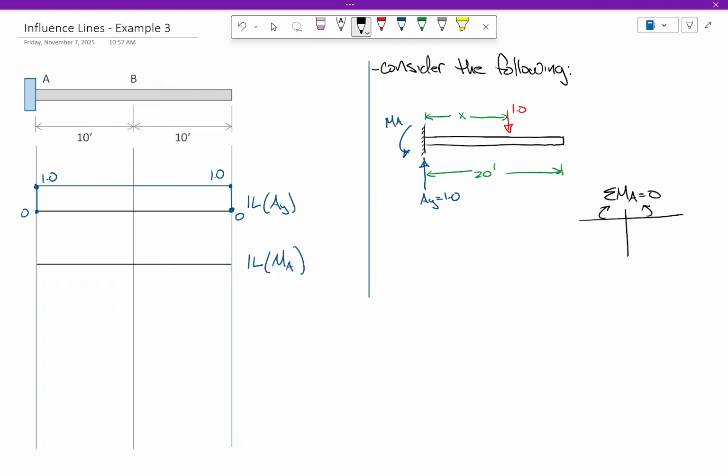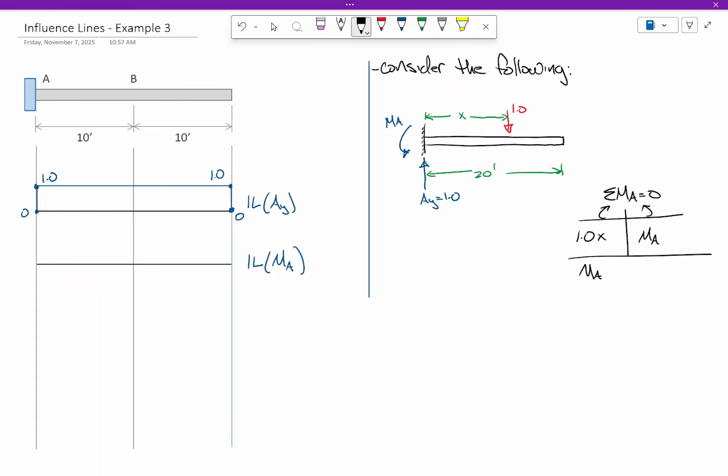So what do we got? We're summing moments at A. Do we have to consider AY? No. Nope. What about MA? Do we have to consider that? Yep. And so put MA over here. And what goes on the other side? 1 times X. Okay.